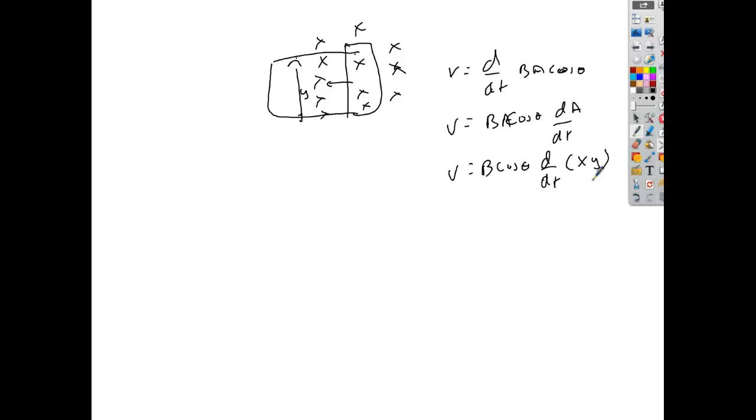So I can pull the y out, and so I get B cosine theta. And by the way, y is L, isn't it? It's the length of this bar where it's touching between the two places of the wire, right? So that would be length times dx dt. And what is dx dt in this case?